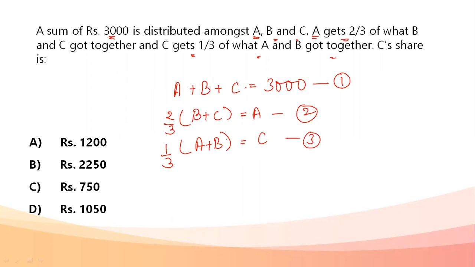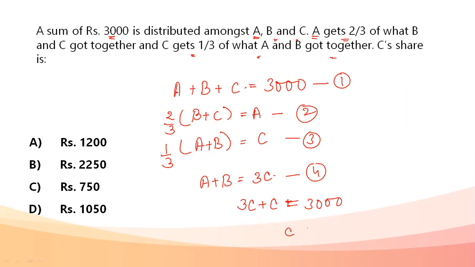Because I need to find C's share, let's go from the third equation itself. So A plus B becomes 3C. I'm going to put this in the first equation: in place of A plus B, let's put 3C. So 3C plus C equals 3000.